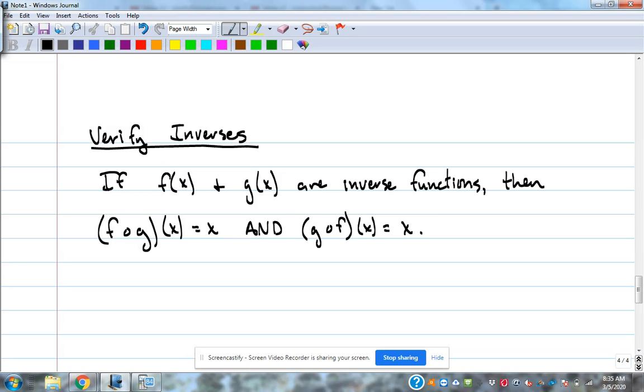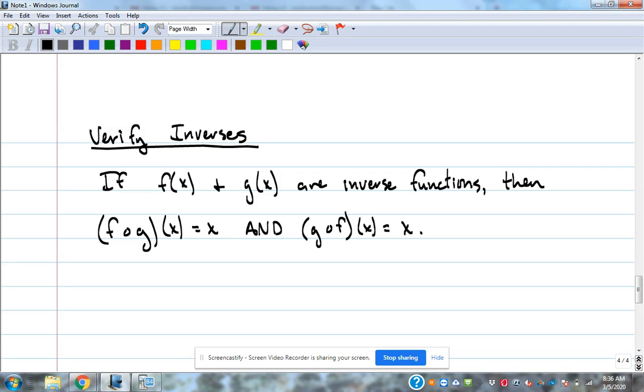All right, so we'll do an algebraic verification first. The way verification of inverses works: if they give you two functions and they ask, are these inverses of one another? You can algebraically decide that by doing function composition.